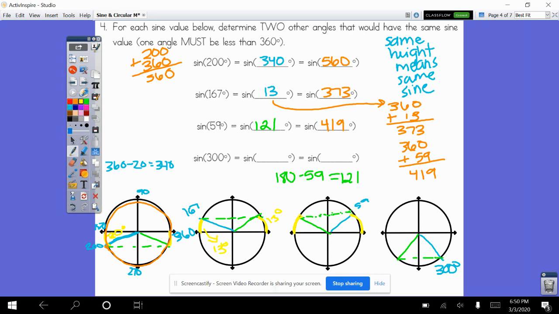To do this, I need to figure out how far 300 is from 360. That's 60 degrees. So the angle I'm looking for is 60 degrees from 180. Since it's past 180, I'm going to do 180 plus 60, which gives me 240.